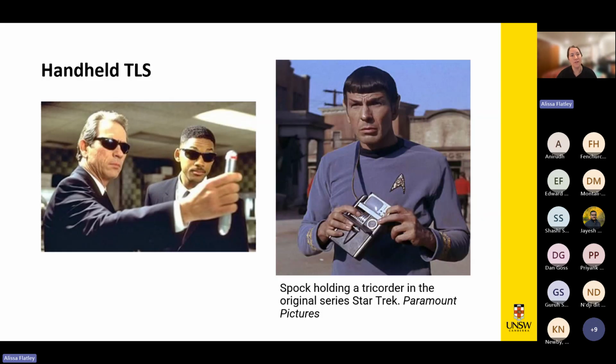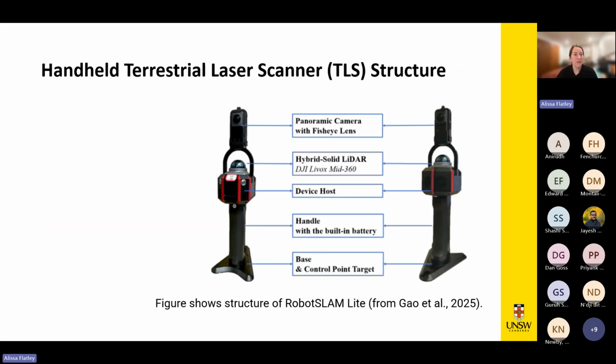So I'm going to talk through the typical structure of handheld TLS now, which are essentially a smaller version of the static counterpart. This is a typical handheld terrestrial laser scanner, and I took this image from a recent paper that shows the structure of a TLS scanner that was developed.